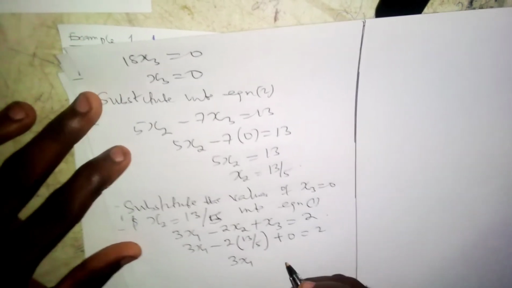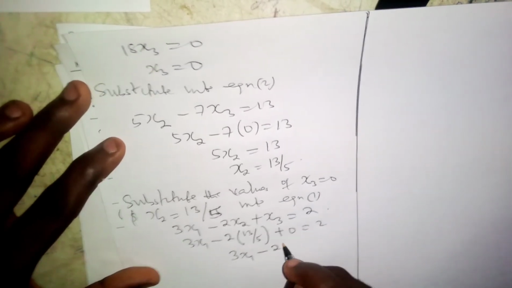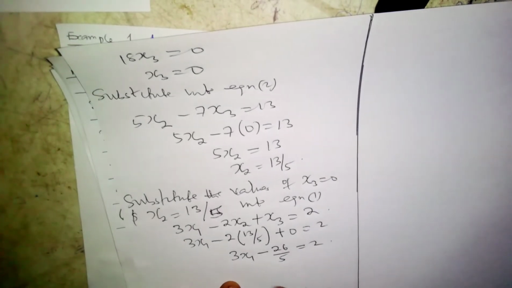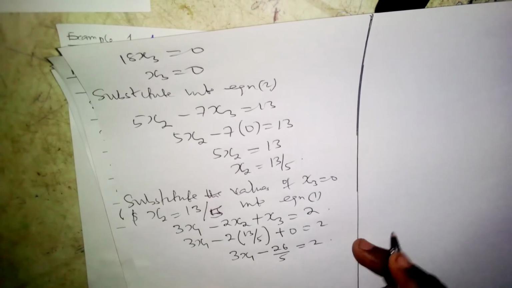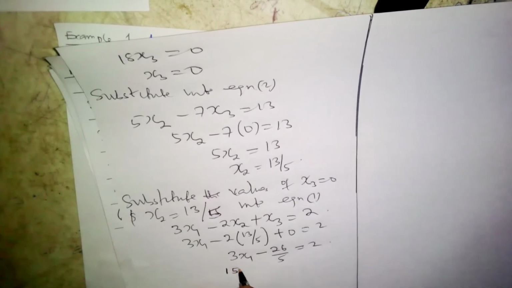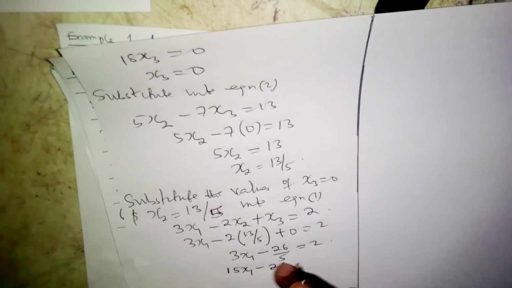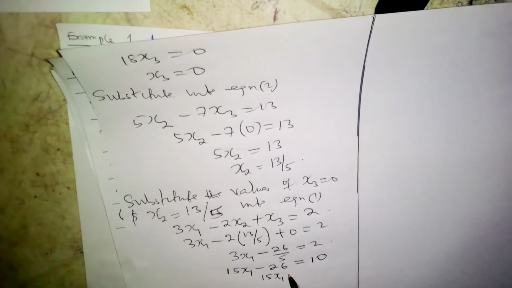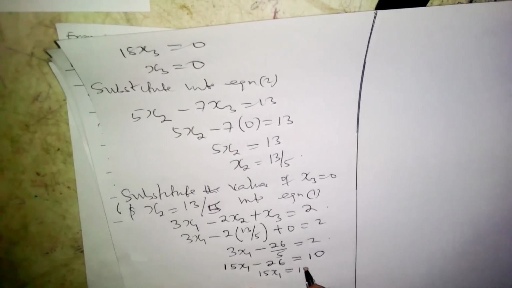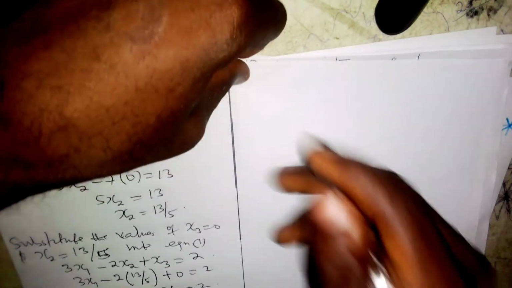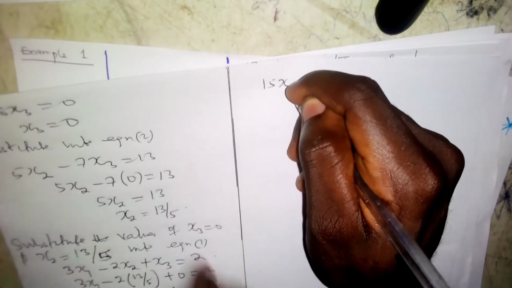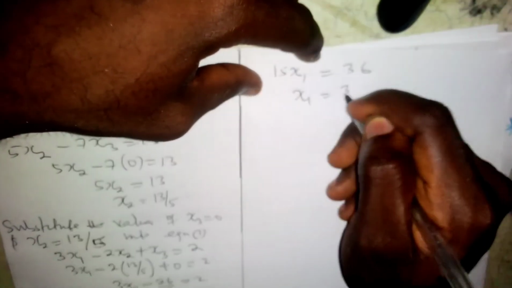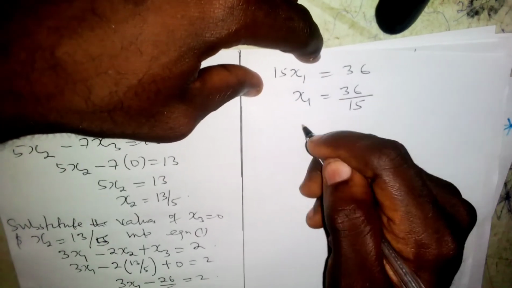So we have 3x1 minus 26 over 5 equals 2. Now if you solve this problem very well, make it linear, LCM is 5. Here will give us 5 times 3 will be 15x1 minus 26, 5 cancels out 5, then 5 times this is what? 10. So we have 15x1 equal to 10 plus 26. And at the end of the day, we're going to have 15x1 equal to 36.